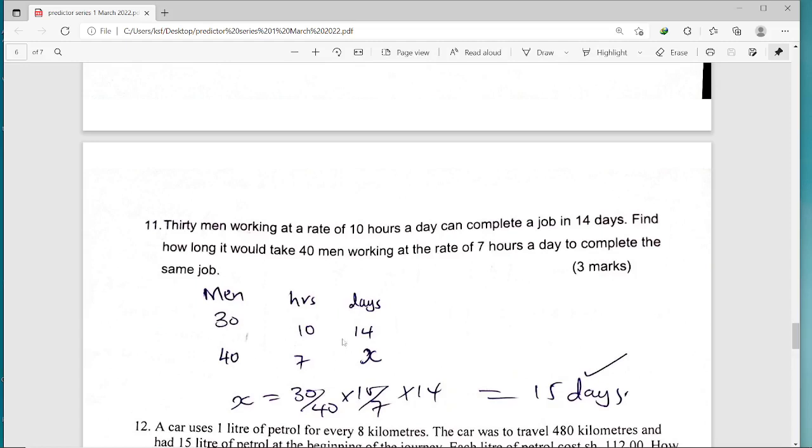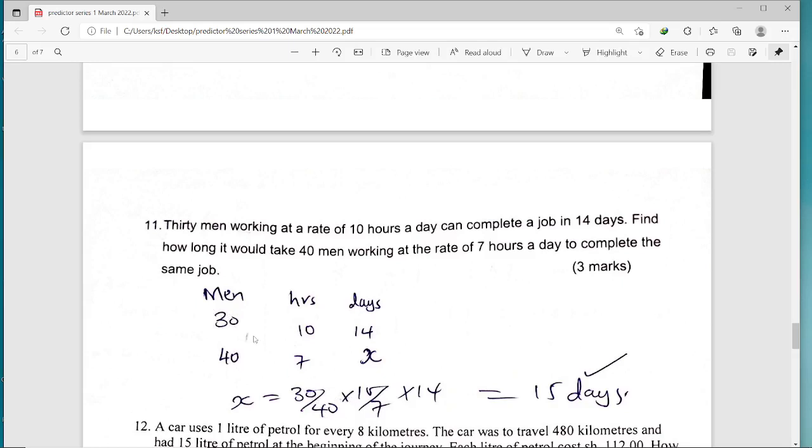Will it be more or less? Remember that the men are working for 14 days, leave around the hours. 40 will work for more or less days? Obvious, 40 men, because they are more, they will take less days. So if they are taking less days, it is less over more. So it is 30 over 40.